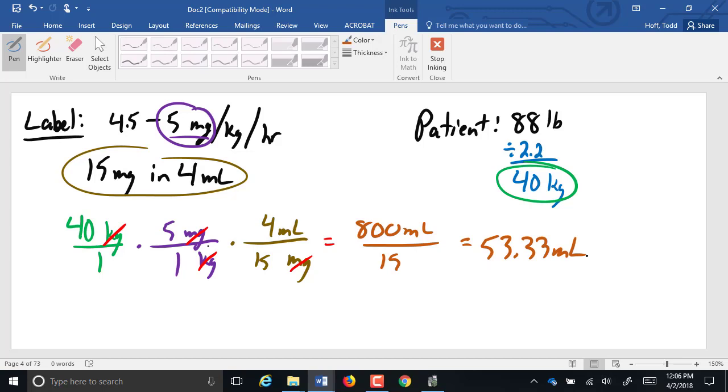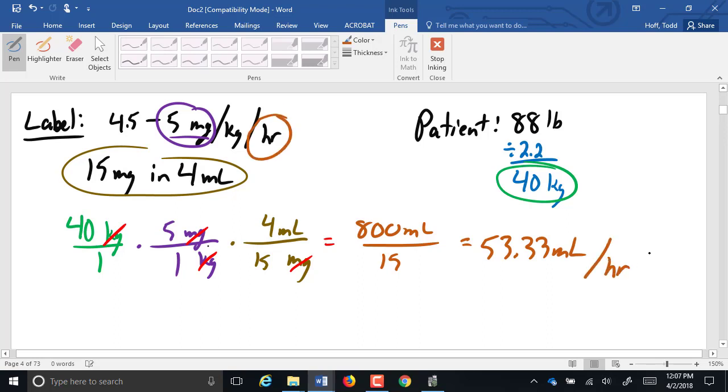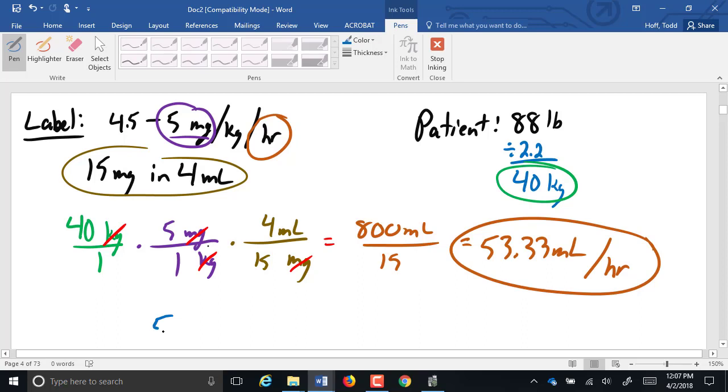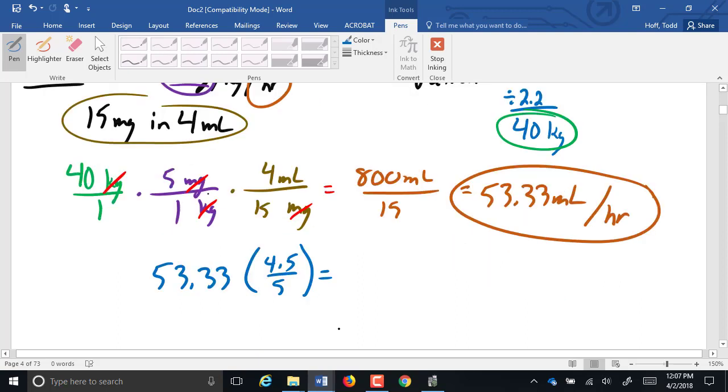So yeah, 53.33 milliliters. And now remember, we do have that time of per hour. Now we want to do a titration. That's the maximum. So to find the minimum, we'll do that 53.33 times the 4.5 over 5. That's just the ratio of minimum to maximum.